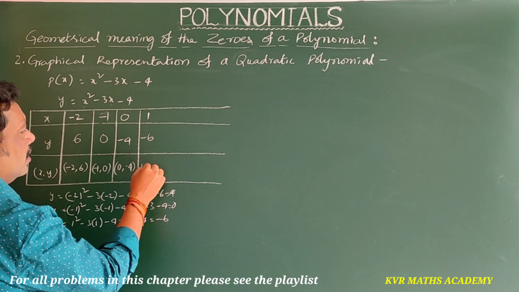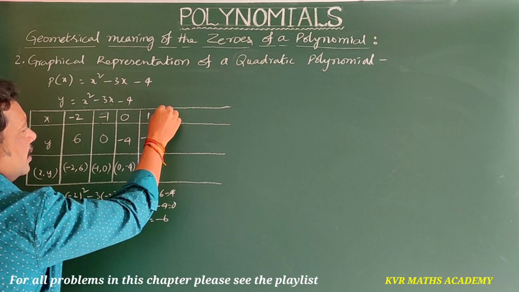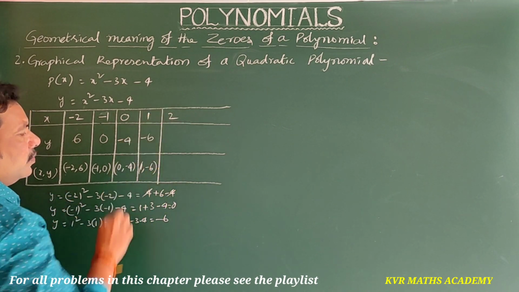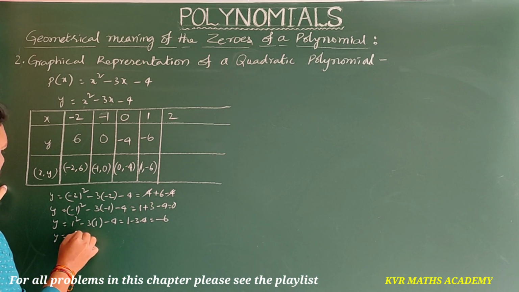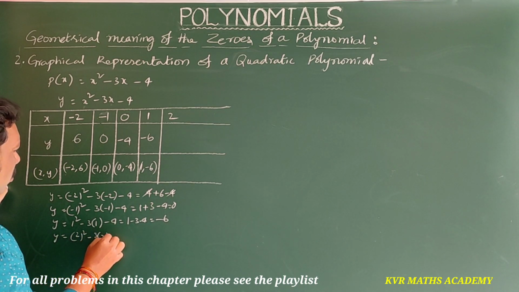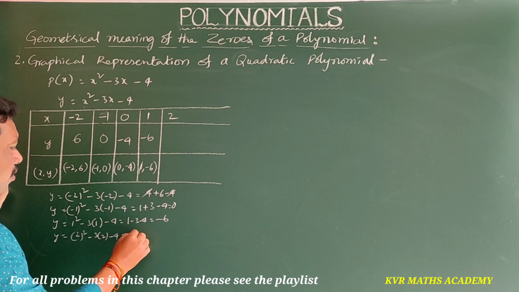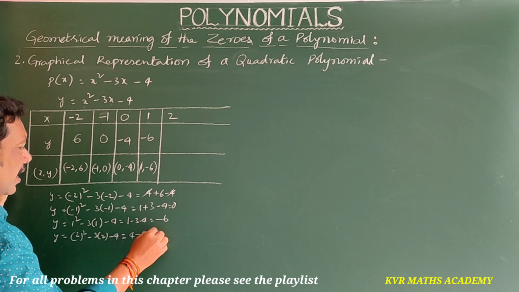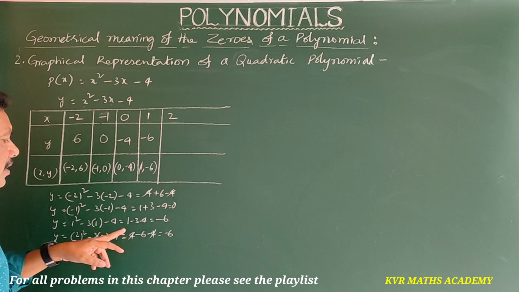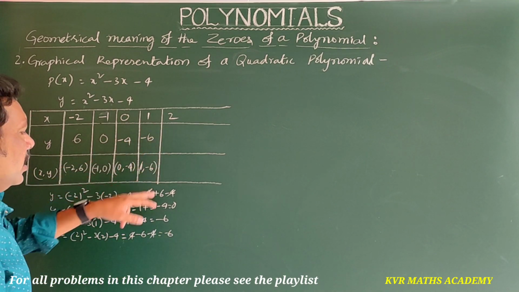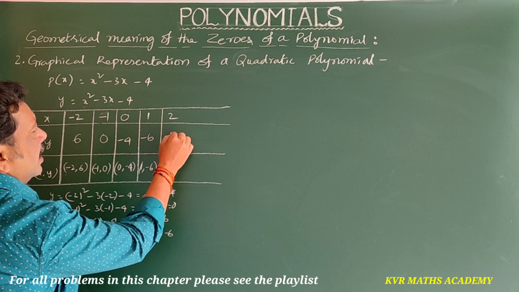1 comma minus 6. Next take another value, 2. Here y is equal to 2 square minus 3 into 2 minus 4. That is equal to 4 minus 6 minus 4. Minus 4 plus 4 get cancelled. This is minus 6. So if you substitute 2, you also will get minus 6 only.